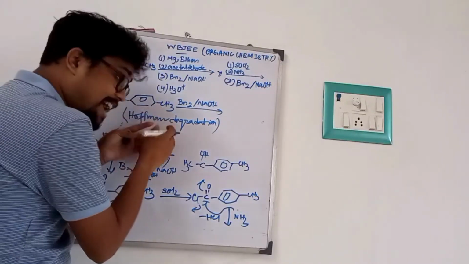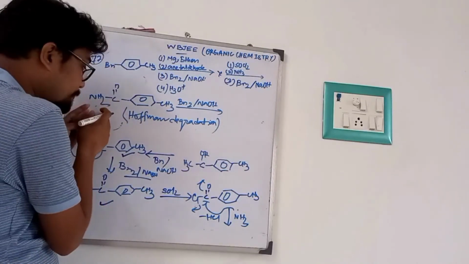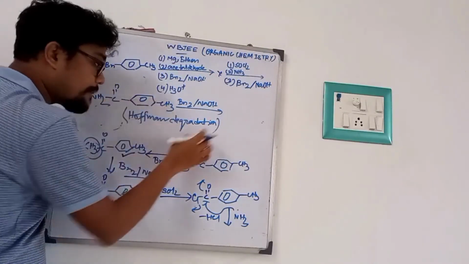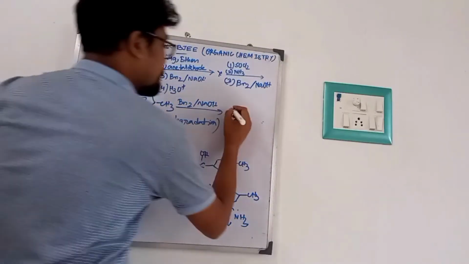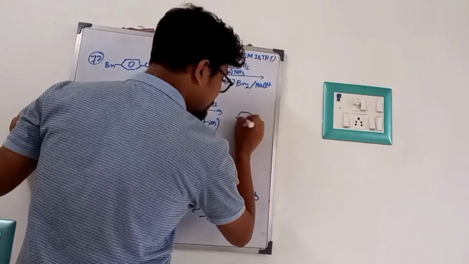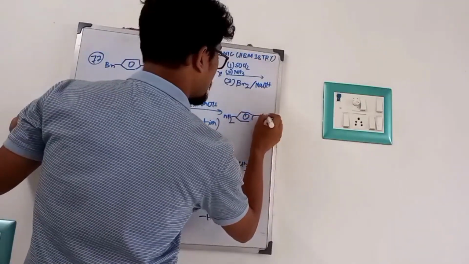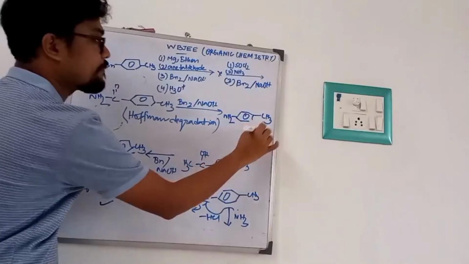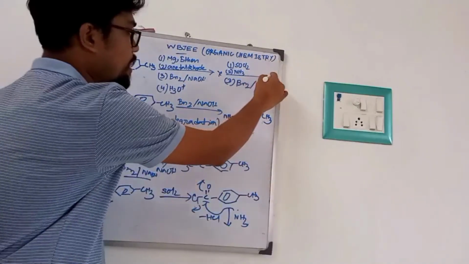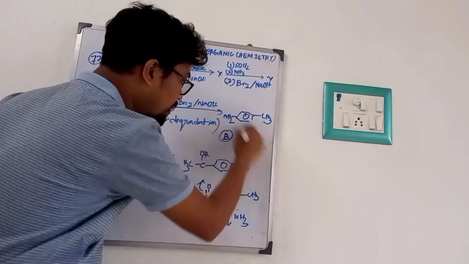This reaction leads to formation of an amine with one carbon less than the amide. That means one carbon will be removed actually. That is why this is a degradation reaction. So this is our final product, I think this is Y. If this is our final product, then options B and D will be our final product.